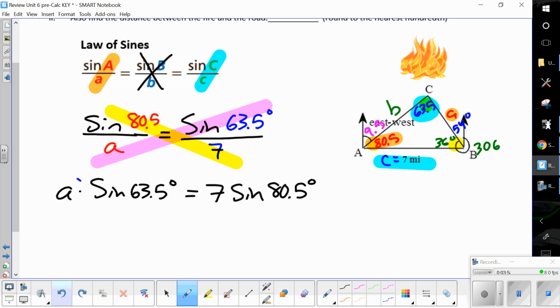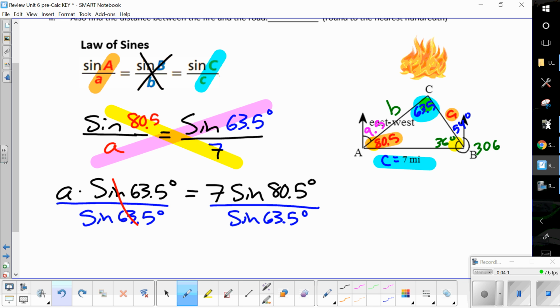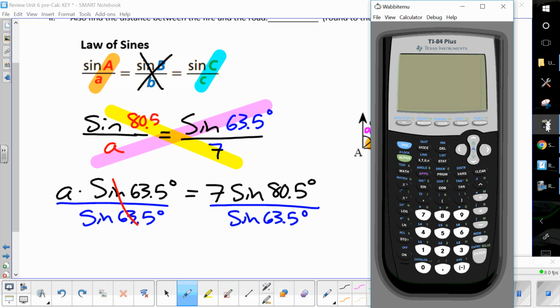Now, my goal is to get this alone. If this is a number, the opposite of multiplying by that number is dividing by that number. So I'm going to divide by the sine of 63.5 degrees. This goes away. Now it's a calculator problem. On the calculator, make sure you are in the correct mode. When you go to mode, you have to have degrees highlighted.